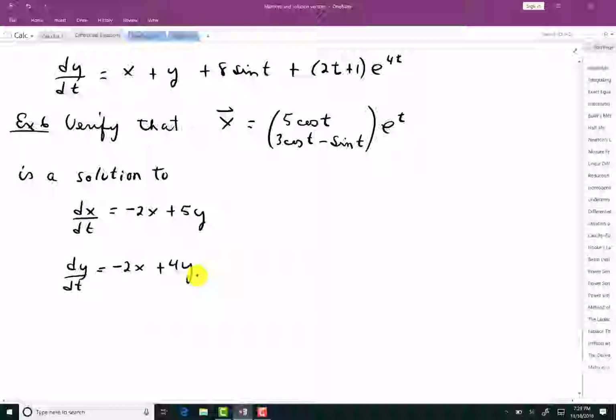Now what we have to do is make sure that this vector works in both the equations.